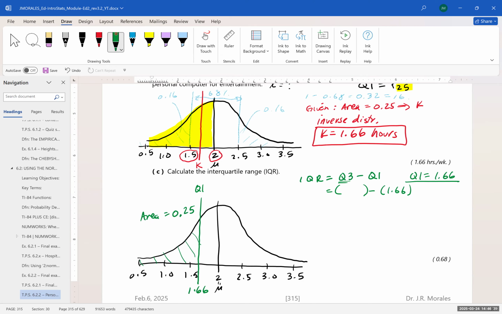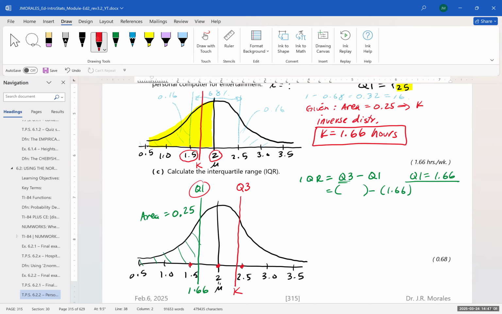Well, the third quartile is probably going to be in a similar location between the mean and the first standard deviation, just like the mean and one standard deviation below is where the first quartile was. So I think the third quartile is probably going to be in a similar location. We just need to figure out what this value is.